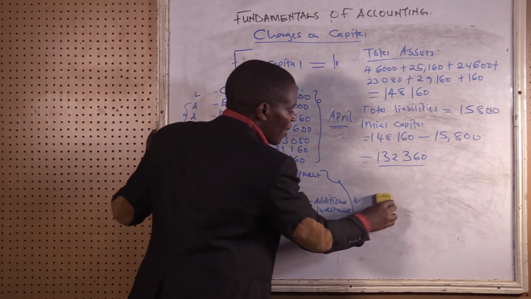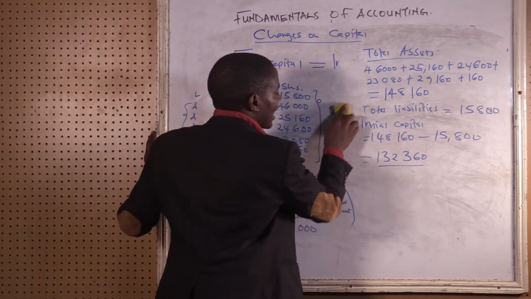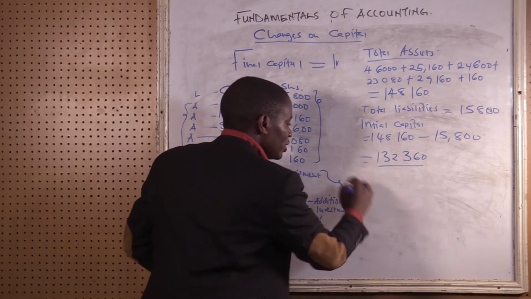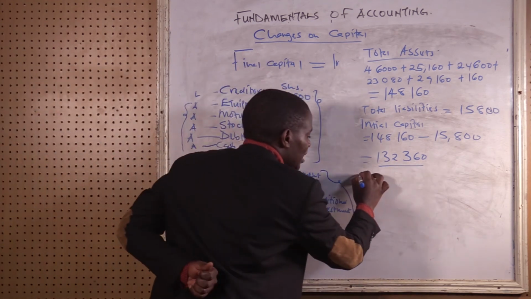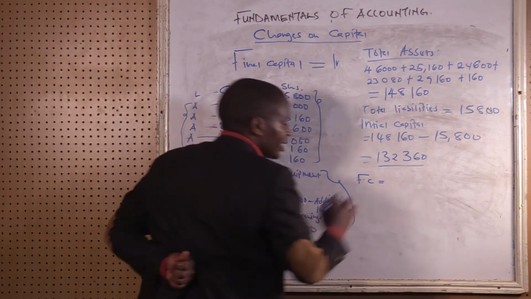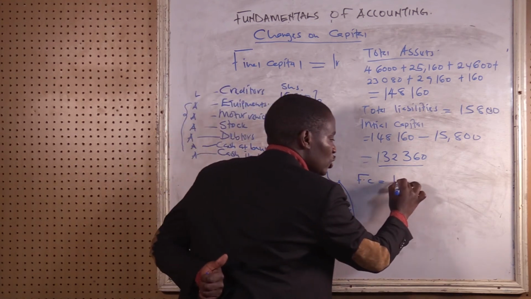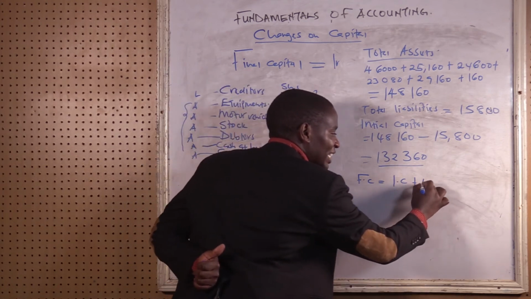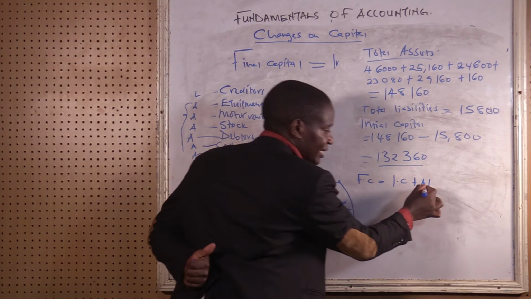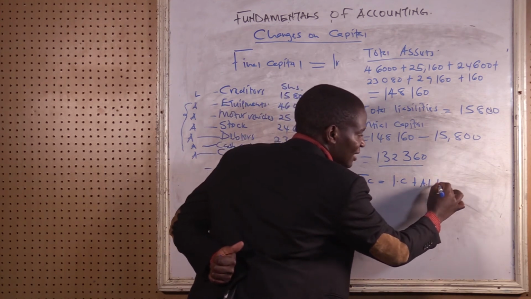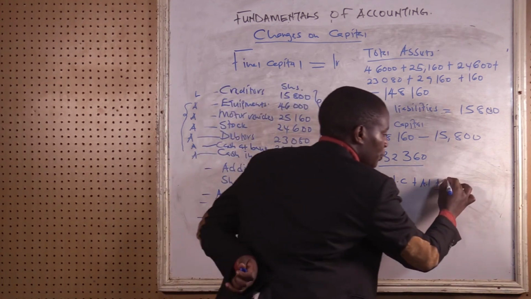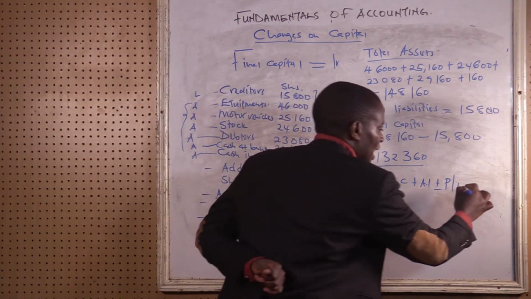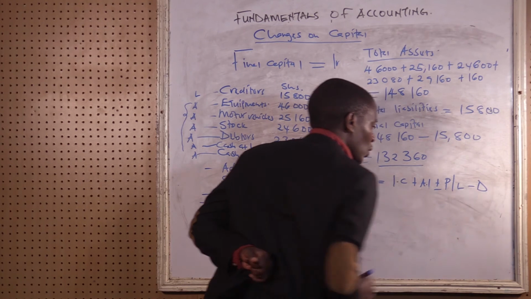So to get our final capital, I will use initials because of the space. Final capital is given by initial capital plus additional investments, plus or minus profit or loss, then you subtract the drawings.